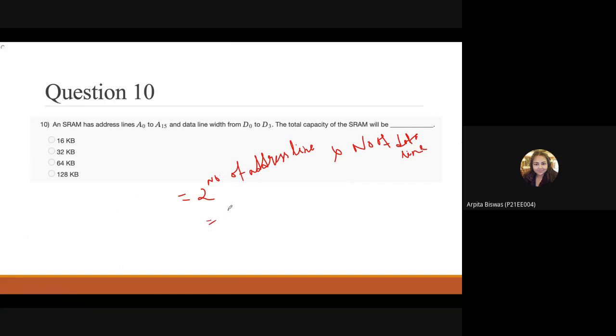So number of address lines is 16, right? Into 4. So whatever is coming, this is the answer.